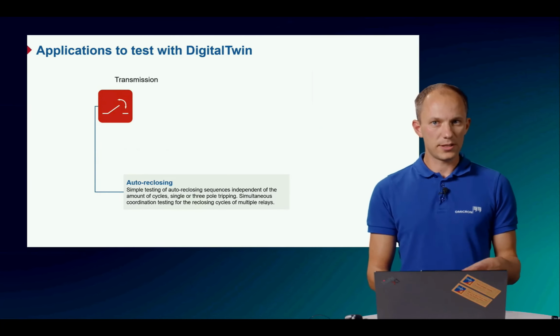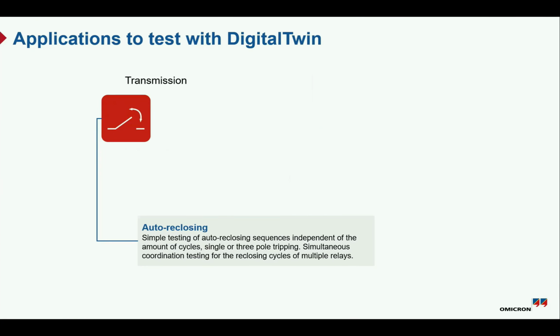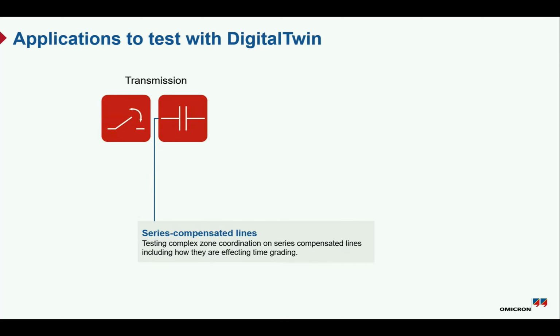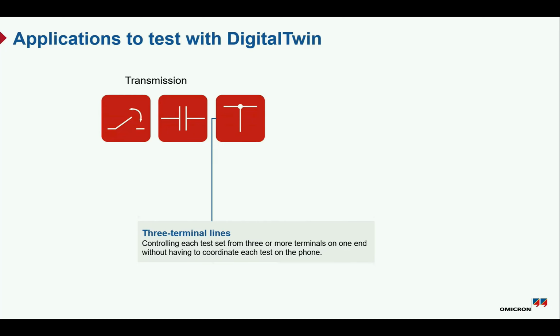Yeah, we can test quite a bunch of different applications with RelaySimTest. Here's just a small overview of what we can also do with the digital twin of Siemens, so with the SIPROTEC digital twin. We could simulate auto-reclose sequences on a transmission line. We could simulate series compensated lines, 3-terminal or even multiple terminal lines.